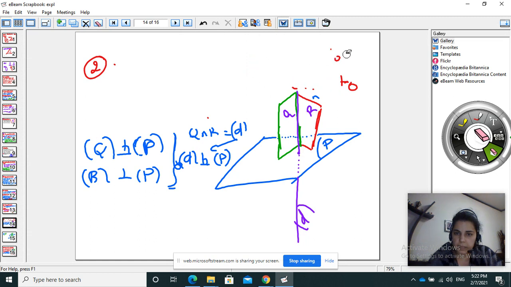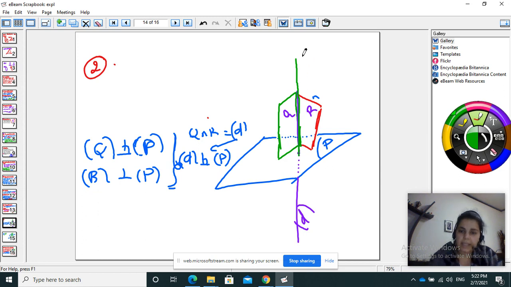If two intersecting planes are perpendicular to a third plane, what is given is Q perpendicular to the plane P. When they are perpendicular to the plane P, it means the intersecting line of the two planes is perpendicular to P.